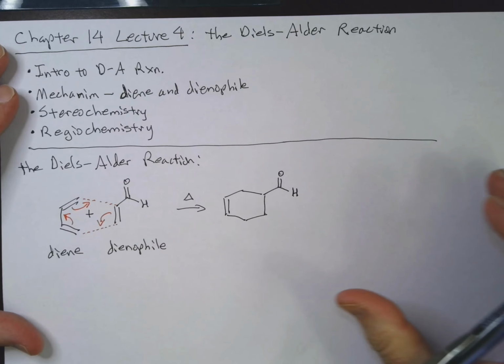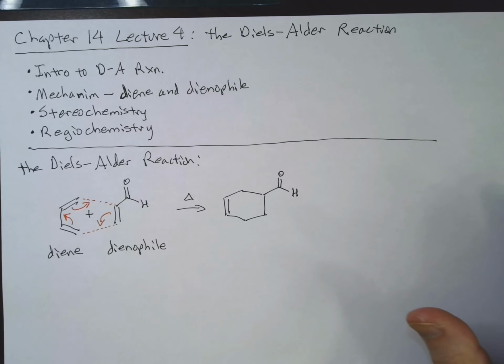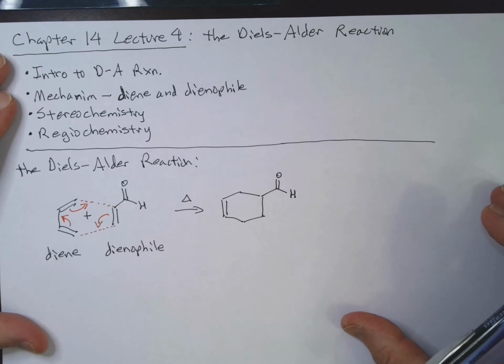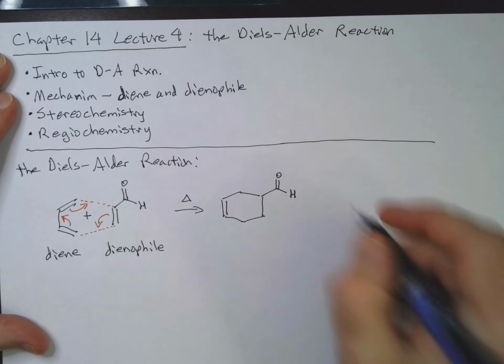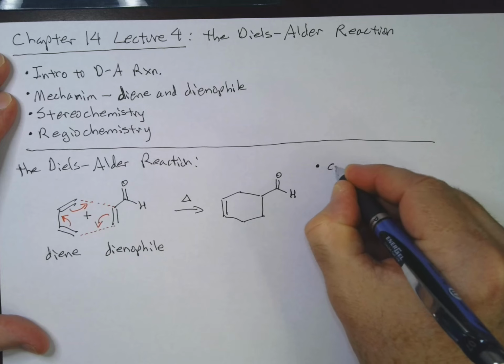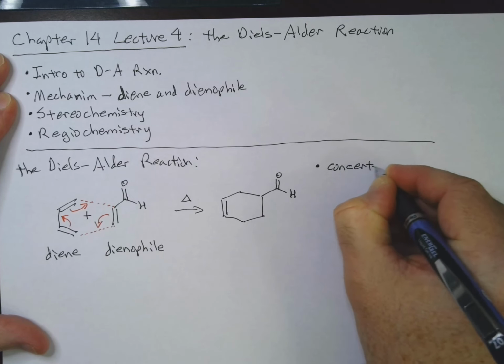And so the Diels-Alder reaction is actually a great way to make six-membered rings. Some things to note here. One is it's what's called a concerted mechanism. What does that mean?